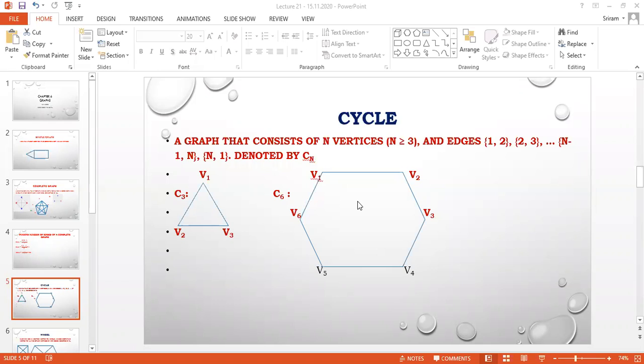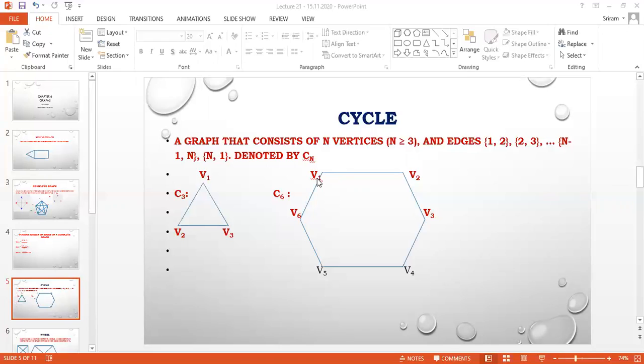Now here, what I am going to do now, I am going to divide the vertices into two sets, so that there is the connection from this set to the other set.